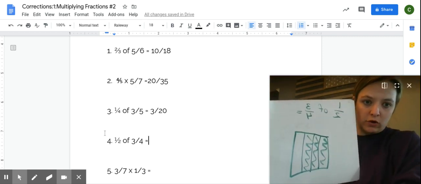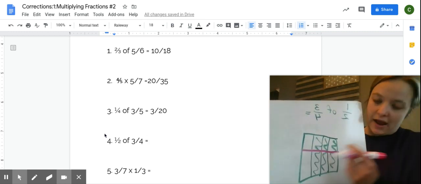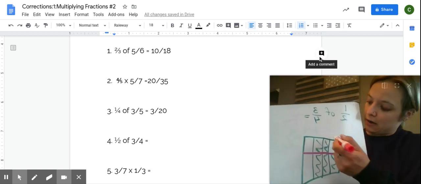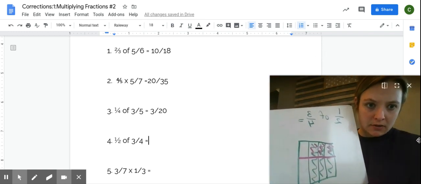I have my 3/4, and I want to know how much is half of that. So I gotta split my square in half. And then I care about one of them.